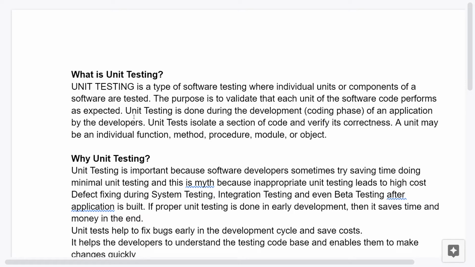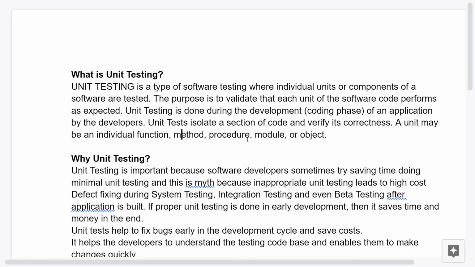If an interviewer expects more from you and needs a more detailed answer, you can add one more thing: what techniques we can use in unit testing.